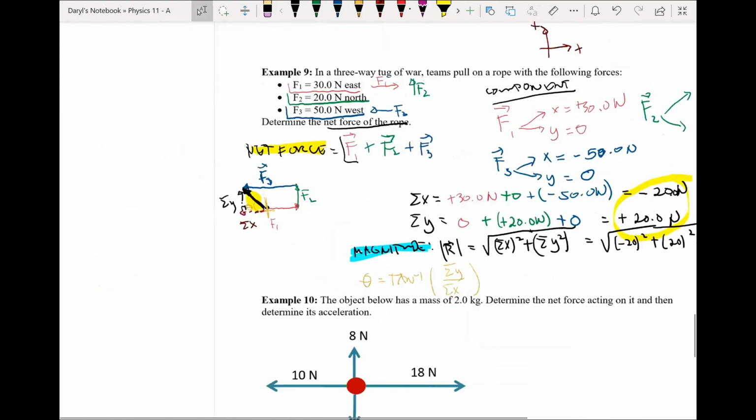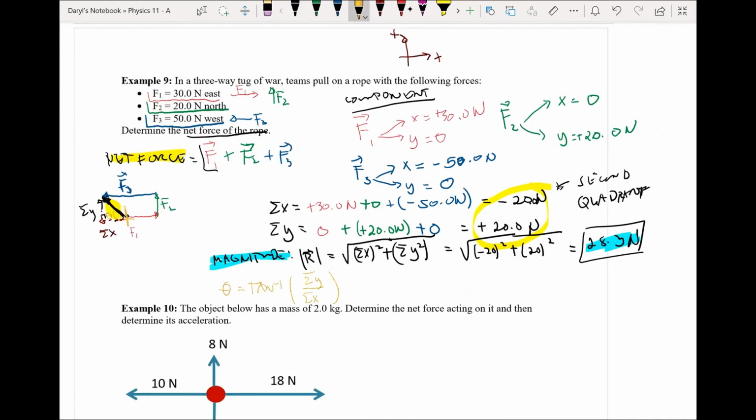Solving for that, it would be tangent inverse of summation of y, 20 over 20. That should give you an answer of 45.0 degrees.